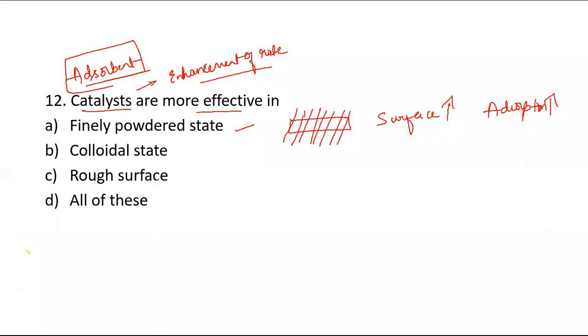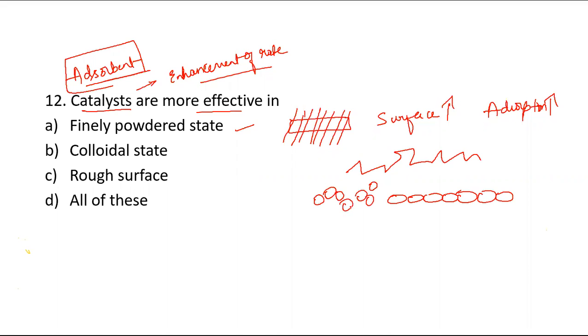Then the rough surface looks like this, not a proper surface. In a proper surface, the molecules will be arranged very neatly like this, whereas if it is rough, it will be like this. If it is rough, the spaces will be more, the availability of the surface will be more. Therefore, rough surface is also effective. Colloidal state is also effective. Therefore, option D is correct. All of these. So catalysts are more effective in all the three states.